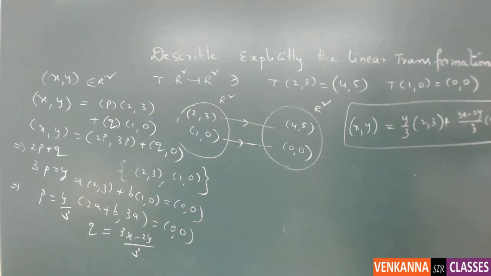So for every (x, y) in R square, I found a linear combination of it with respect to the vectors (2, 3) and (1, 0), where the scalars are obtained by using the unique expression y by 3 and (3x minus 2y) by 3. Hence, the whole R square is spanned by the two vectors (2, 3) and (1, 0).